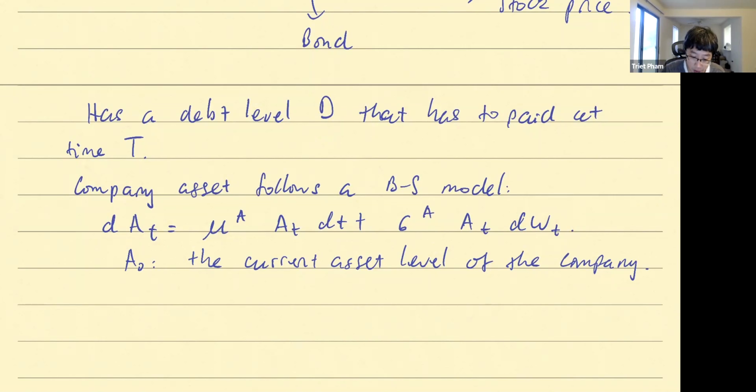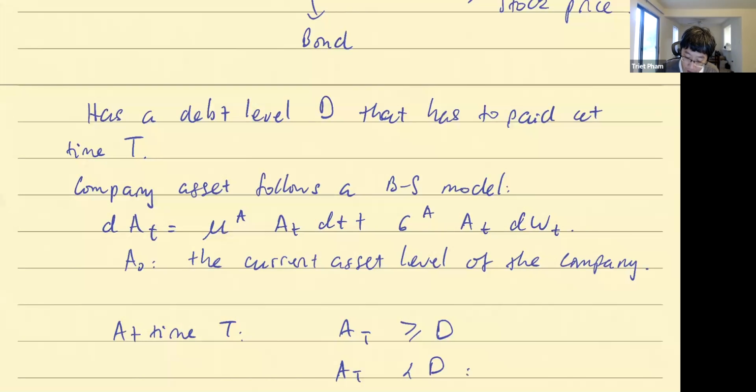So it's clear that at time T, it could be that the company has more asset than the debt level, or the company has less asset than the debt level. Both of these are possible.